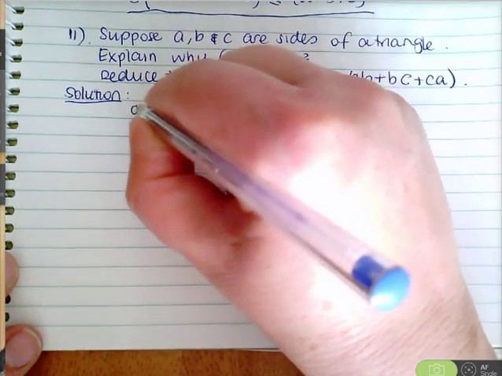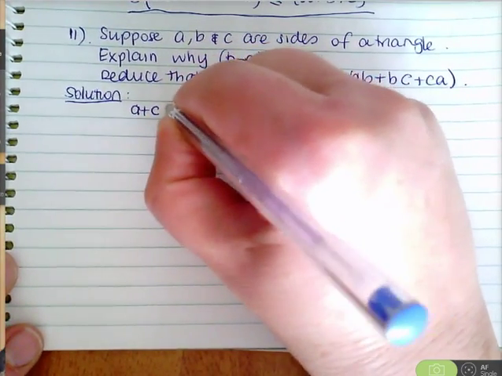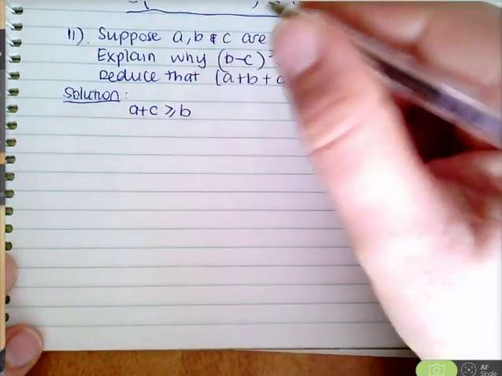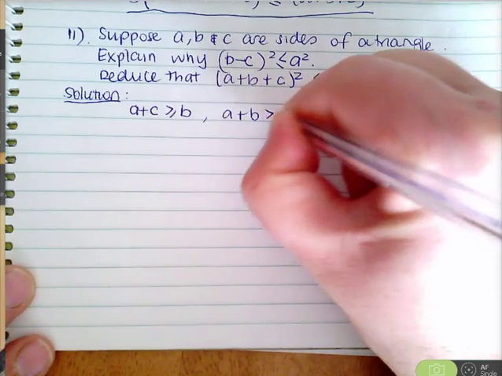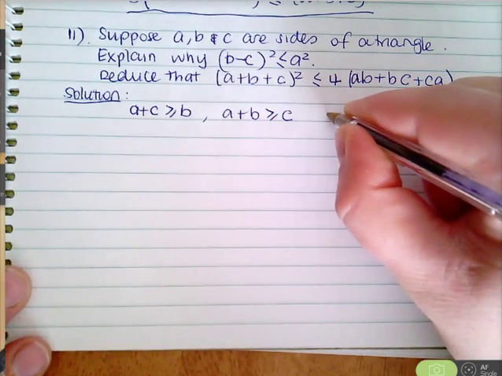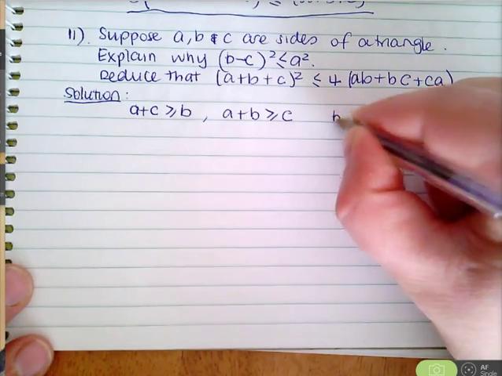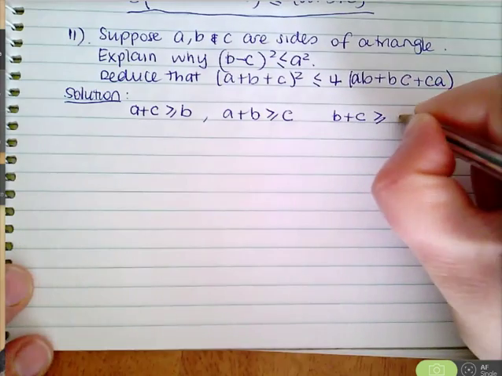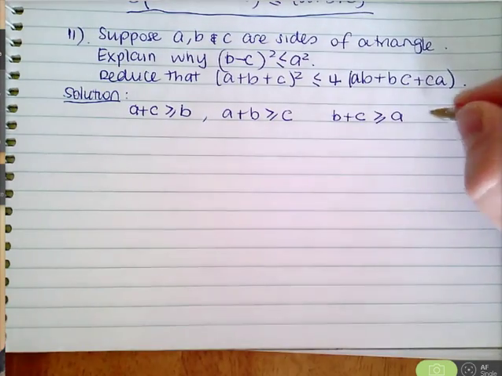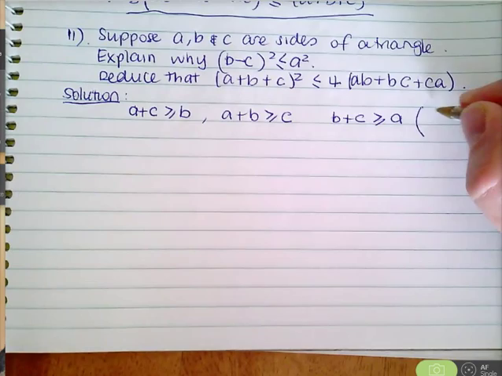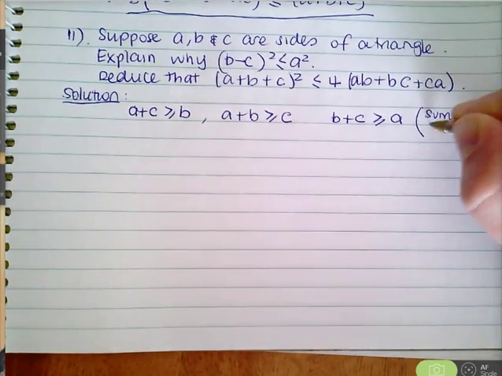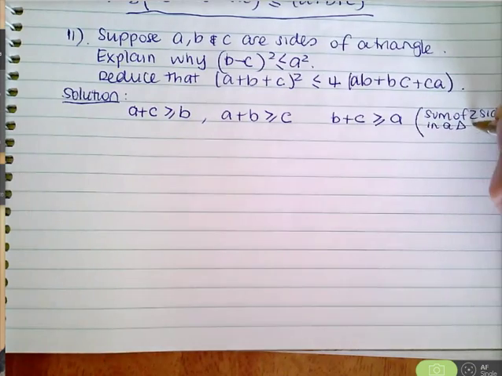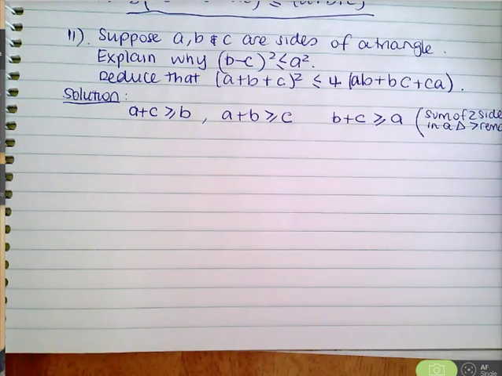Okay, so we know that A plus C has to be greater than or equal to B, or similarly, we know that A plus B would have to be greater than or equal to C, or that B plus C would have to be greater than or equal to A. This is because the sum of 2 sides in a triangle is greater than the remaining side.